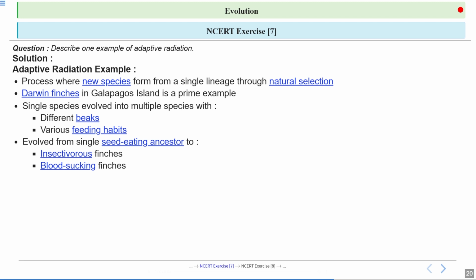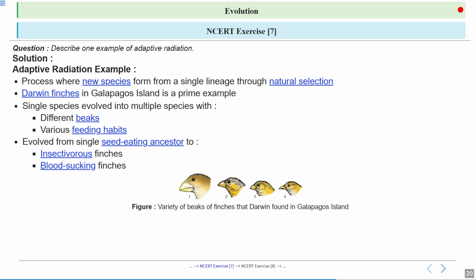Their beak size and shape changed, so now they were able to eat insects as well, and some were able to feed on the blood from other birds. This all happened because they had to survive in different environments with different food sources. This is an image showing you the variety of beaks of finches that Darwin found in the Galapagos Islands. So you can see there is a difference in the beak size and shape of the Darwin finches.